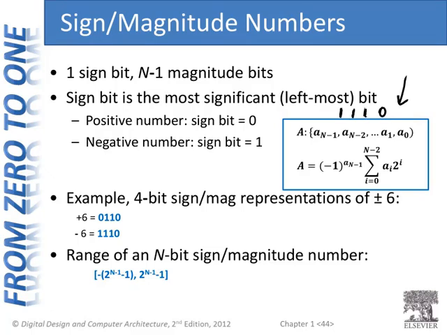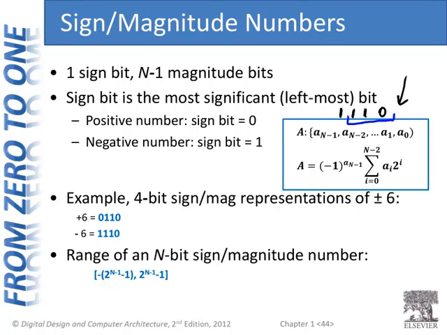And now this part, from i equals 0 to i equals n minus 2, is the same as unsigned binary. And that makes sense because that's our magnitude portion.